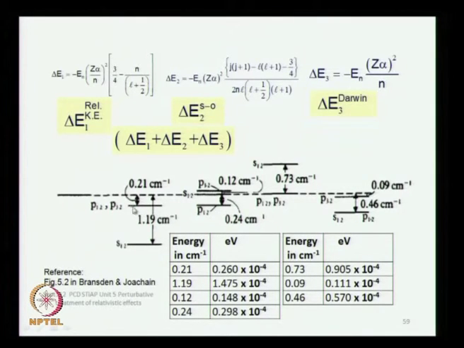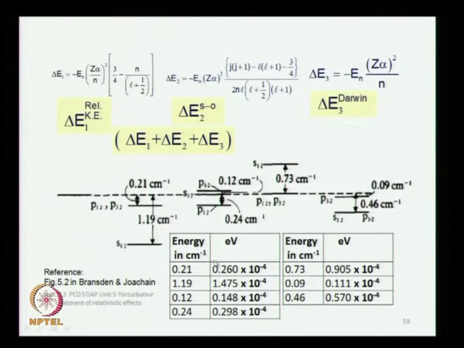Then you have the spin orbit correction, the p 1/2 has gone slightly above the original level, and here the third correction is the Darwin correction, and when you put everything together you get the net result. Now, these corrections are given in energy units of inverse centimeters.